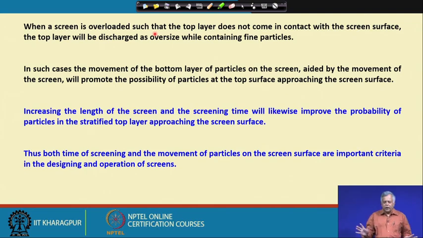The screen works well if you have a mono layer of particles, because you are giving equal opportunity to all the particles to interact with the aperture opening. If the particle is smaller than the aperture opening, it will pass.